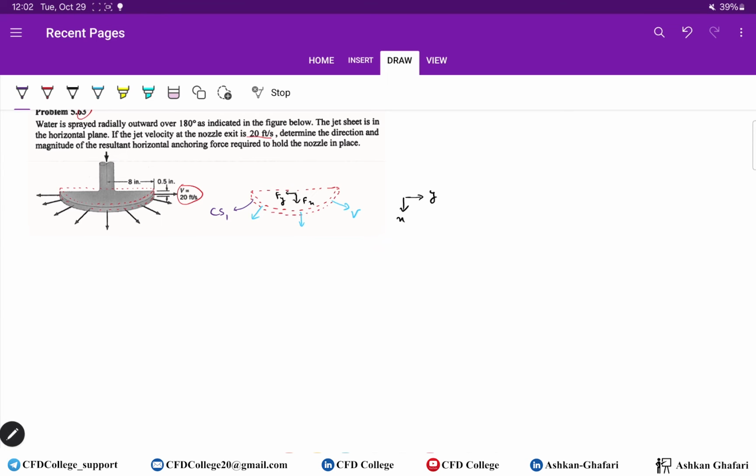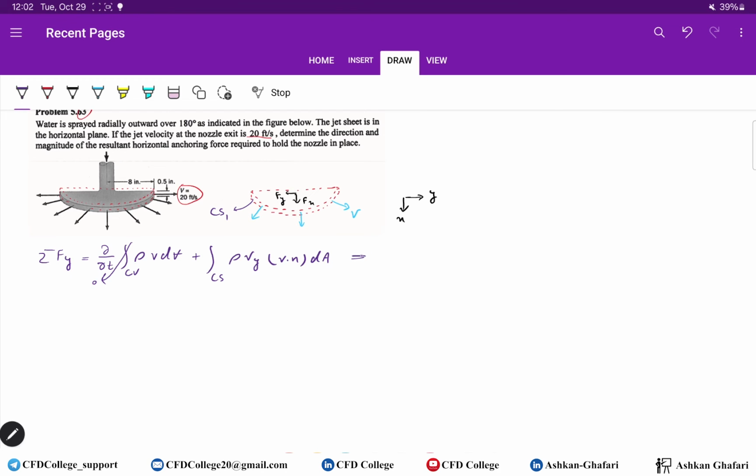So first, in y direction, the summation of forces in y direction equals the change of momentum inside the control volume, which is 0 since we are working at the steady state condition, plus the integral over the control surface, which is only this outlet we have in this problem, rho Vy V dot n dA.